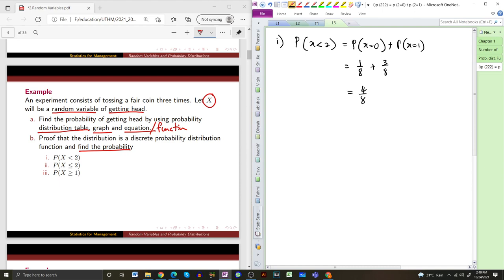This would be 4 over 8, and you can write it as 1 over 2. This is the answer.